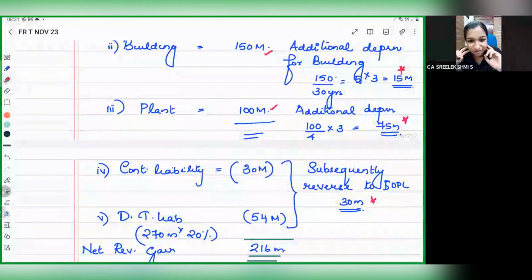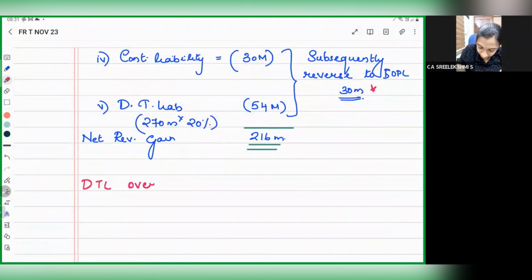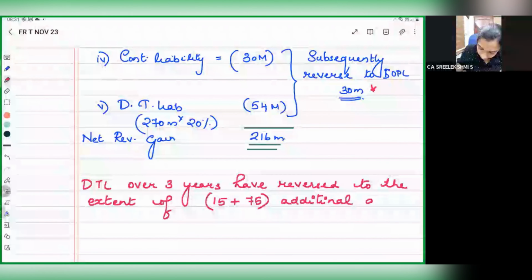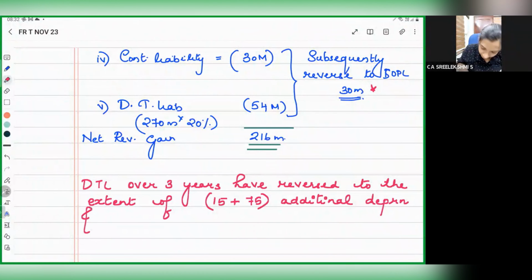Deferred tax liability over 3 years would have reversed to the extent of 15 plus 75 additional depreciation, and 30 in the nature of income.